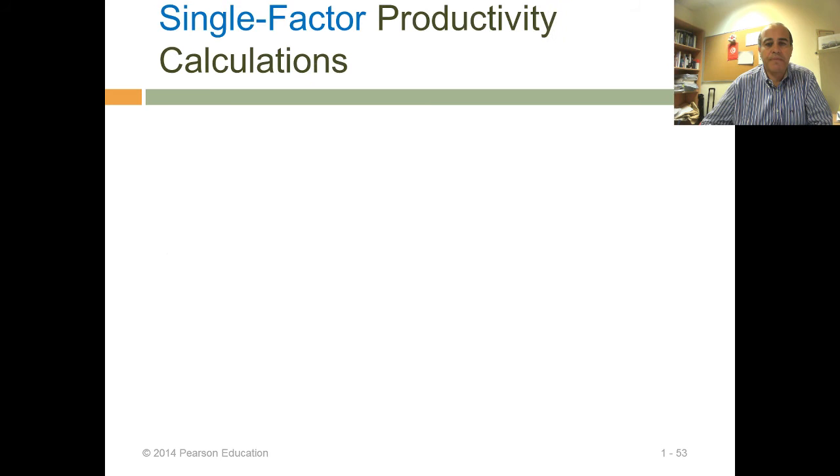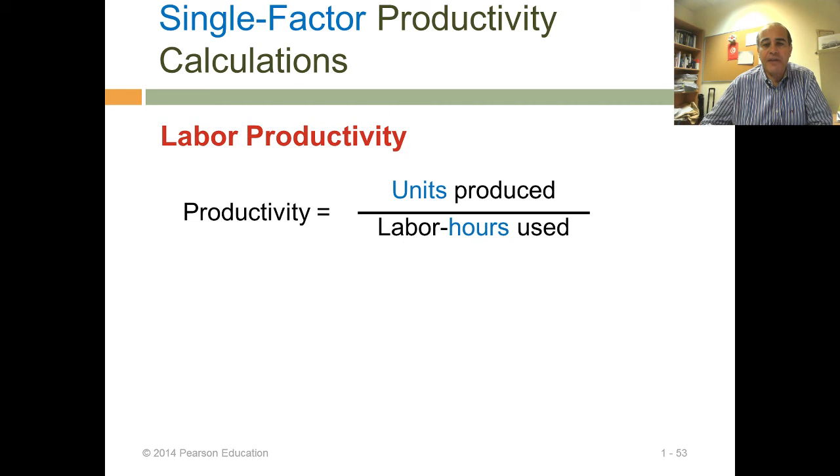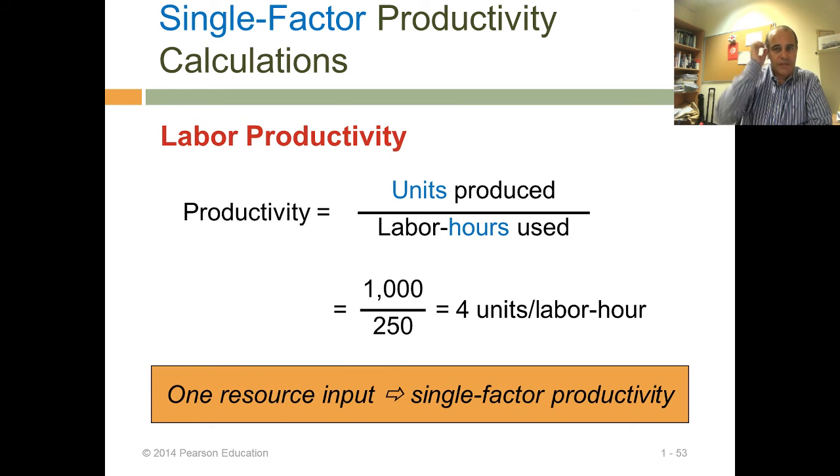Now, in general, if all the other factors are fixed, we could be interested in looking at a single factor of productivity, for example, labor. Labor productivity is the units produced divided by labor hours used in the same time unit. So we produce, for example, 1,000 units in a period of time. We spend 250 labor hours, and the productivity is 4 units per labor hour.